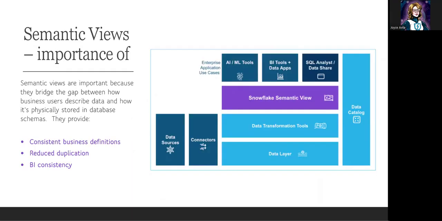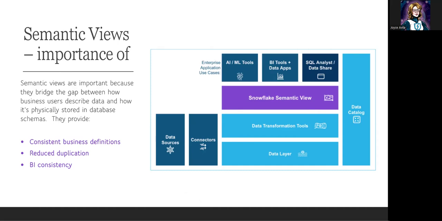Semantic views are important because they bridge the gap between how business users describe data and how it's physically stored in database schemas. They provide consistent business definitions, AI accuracy, BI consistency, and reduce duplication. Business definitions like net revenue are consistent because they're defined once and used consistently everywhere, eliminating dozens of conflicting calculations across reports.